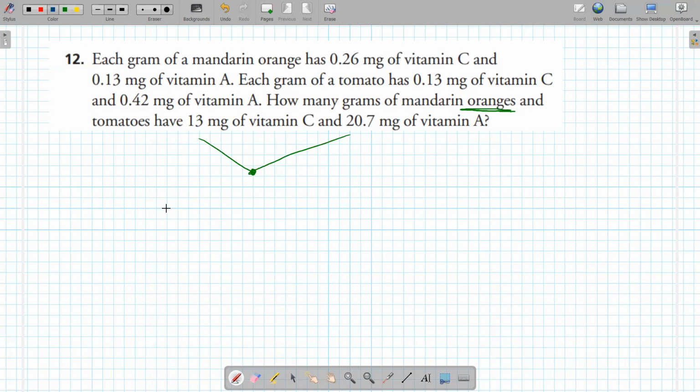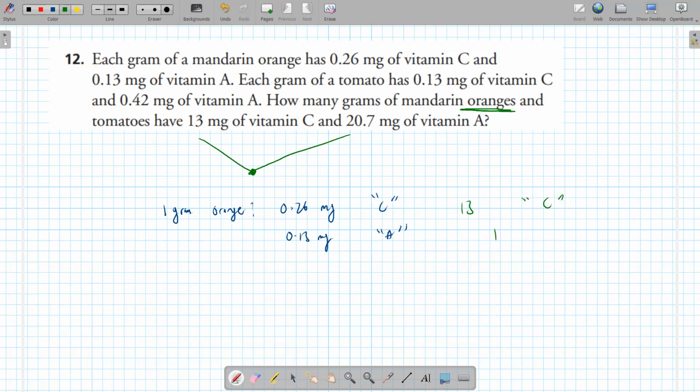Think about it this way. There's 1 gram of orange. This has 0.26 mg of vitamin C and 0.13 mg of vitamin A. How many grams would you need to have 13 mg of vitamin C?